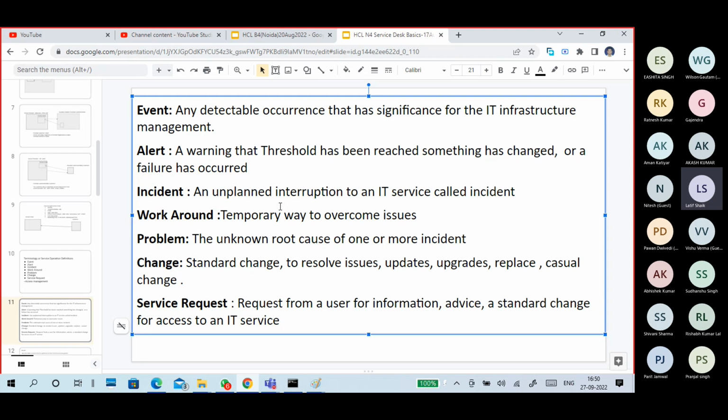So immediately you have to fix it. That's why it is either a temporary solution or a permanent solution. Sometimes it can be permanent, sometimes temporary. Okay, so we'll fix it.